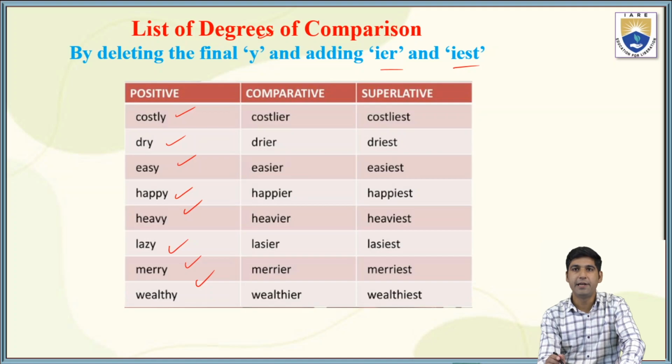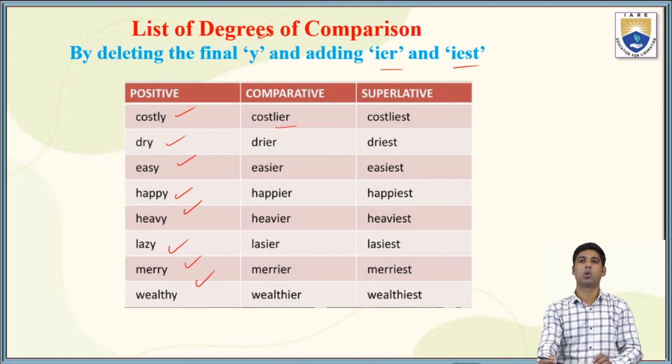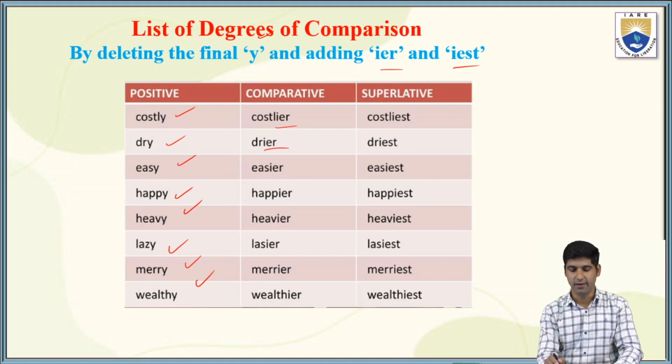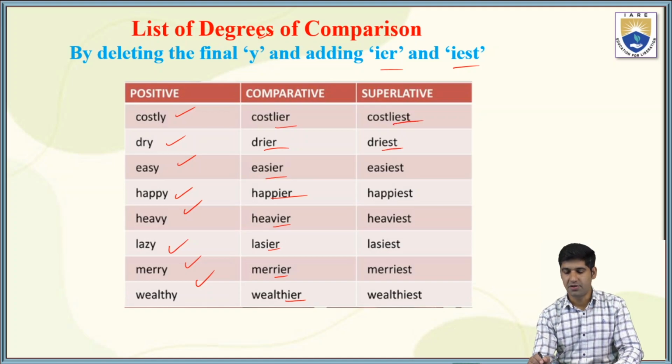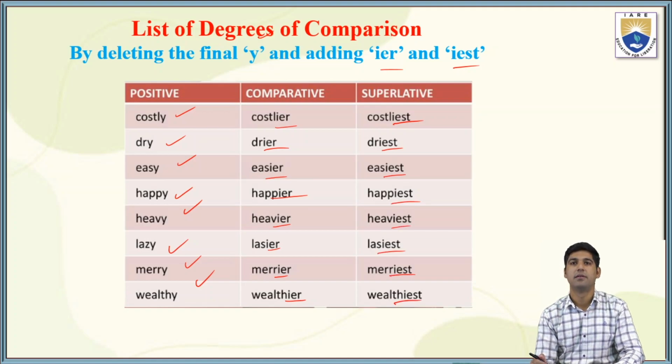Now for the comparative degree, we omit Y. It becomes costlier, we add IER. Then drier, easier, happier, heavier, lazier, merrier, wealthier. And again in the IEST form, it will become costliest, driest, easiest, happiest, heaviest, laziest, merriest, wealthiest.